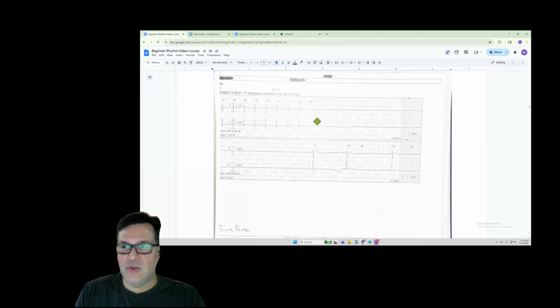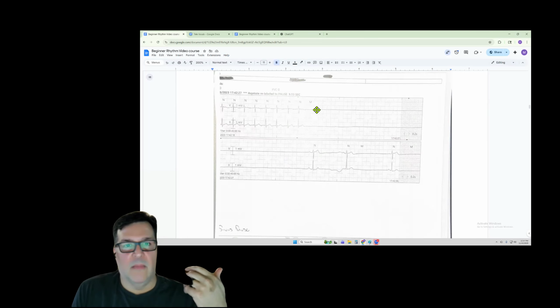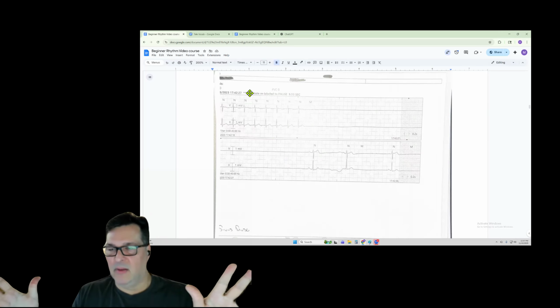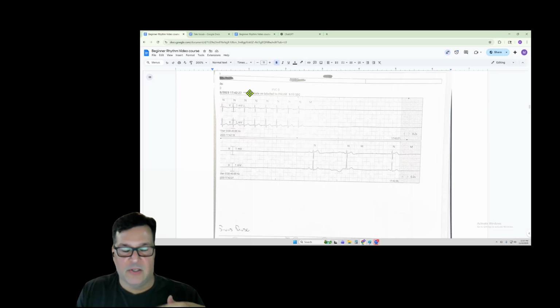The atrial chamber didn't kick in, the junctional didn't kick in, and the ventricle didn't kick in until 9.5 seconds later. Then they finally decided to come back. This is an extreme pause where we really just call it a sinus arrest. Asystole, and that's kind of the nuances. Asystole is everything just stops, never comes back. Sinus arrest, it'll eventually come back. Sinus pause is just a smaller amount of time.